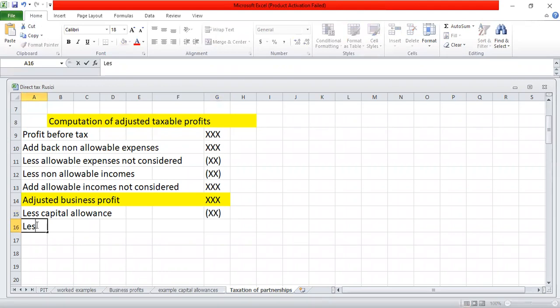If there is any loss brought forward, then you're going to have the taxable business profit. Then you can charge your income tax.